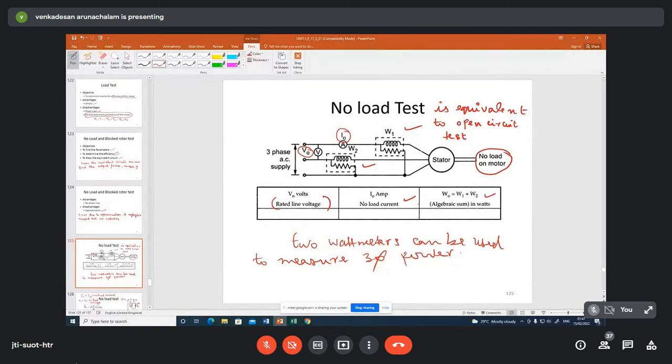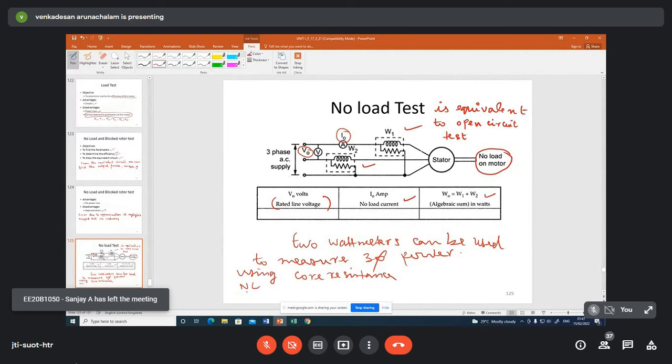From these readings, you can find the core resistance and magnetizing reactance. Using no load test, very similar to transformer, you can find core resistance and magnetizing reactance.